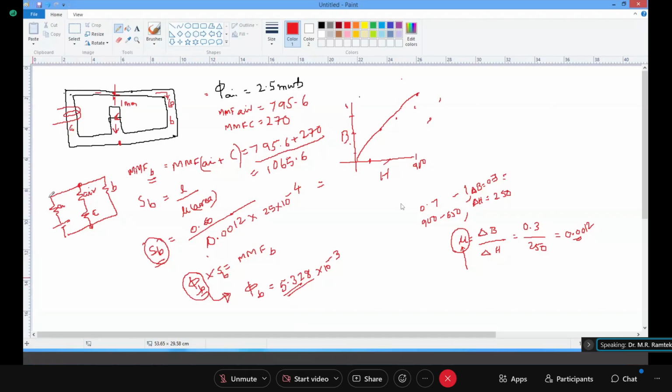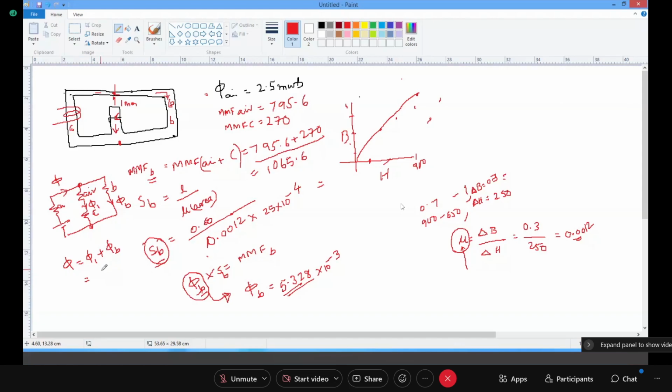So what will be the phi here? If I name this as phi 1 and this as phi B, then the total phi is phi 1 plus phi B. How much value do you get?